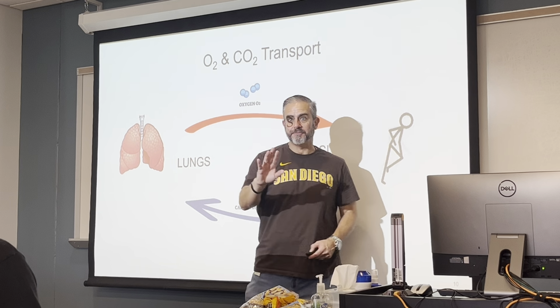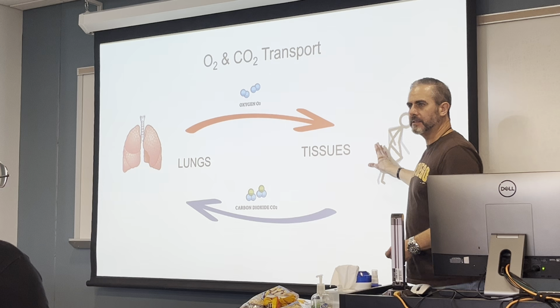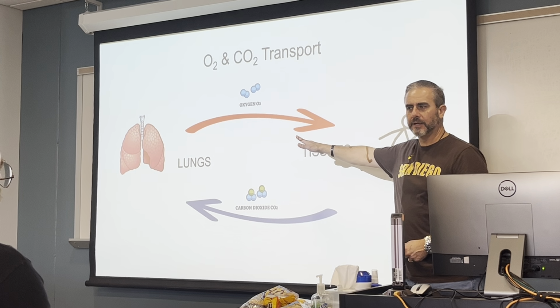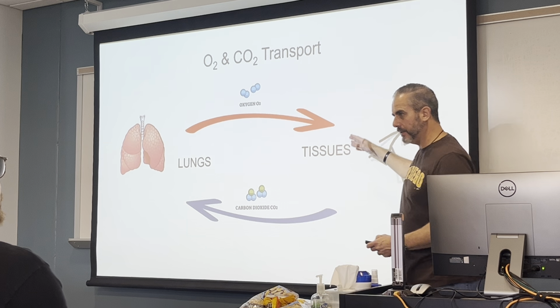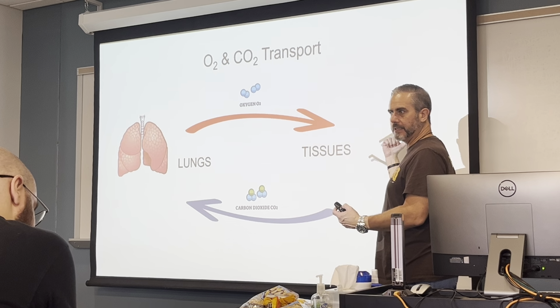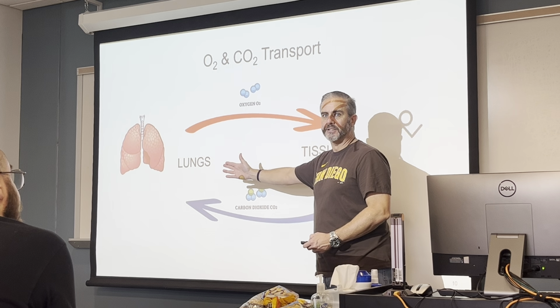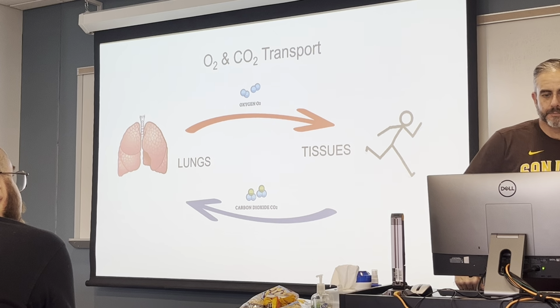Anybody want to give me a very generic way? How does the CO2 get back to the lungs? Through the blood, very good. Through the blood, requiring the heart to pump that blood. Not only does the heart have to pump the blood to the tissues, to the body that needs it, but it also has to pump that blood back to the heart, and back to the lungs to be eliminated or exhaled.